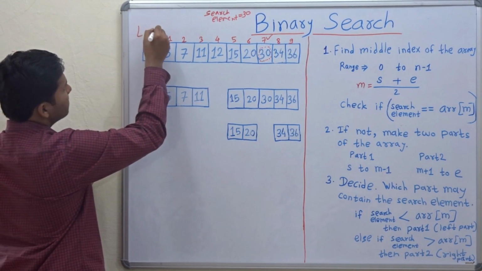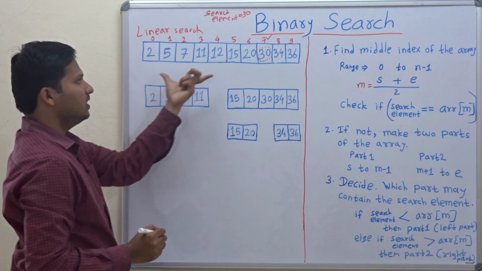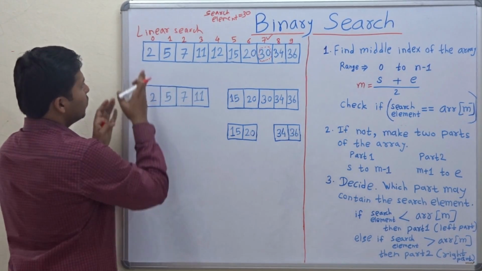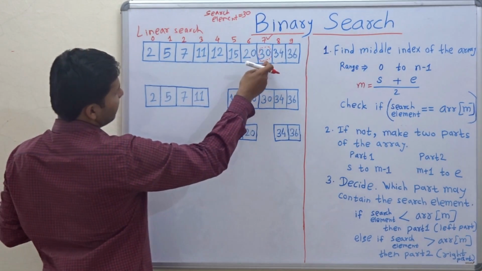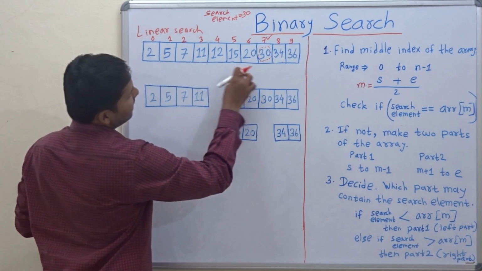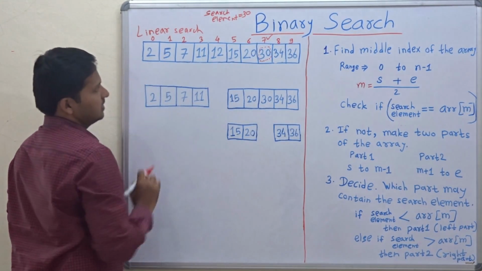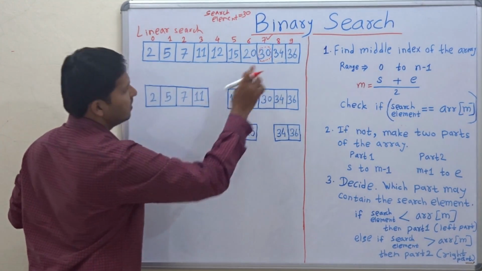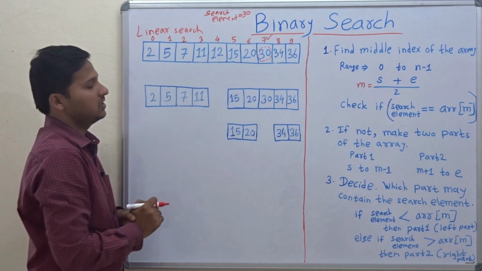So now this method of searching every memory location in this array in a sequence is called linear search. So in linear search, if your element lies at the 7th index, then you access a total of 8 memory locations, that is 0 to 7, which means 8 memory locations.